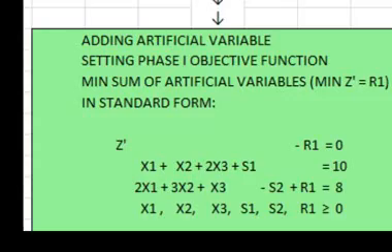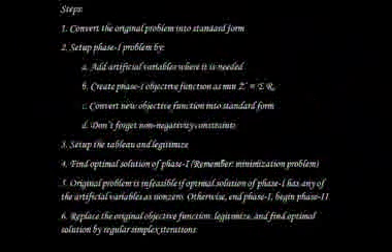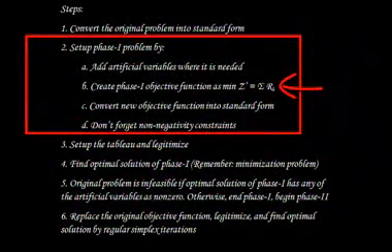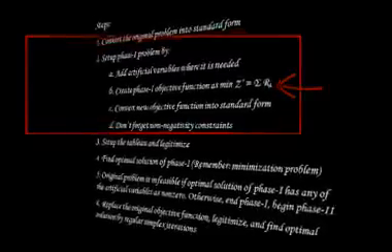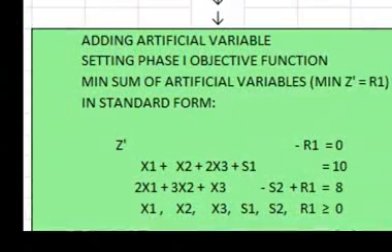We will change our objective function for phase 1 to the summation of the artificial variables. And just because in this case we only have one artificial variable, it would be just R1. If we had 2 of them, it would be R1 plus R2, and so on.